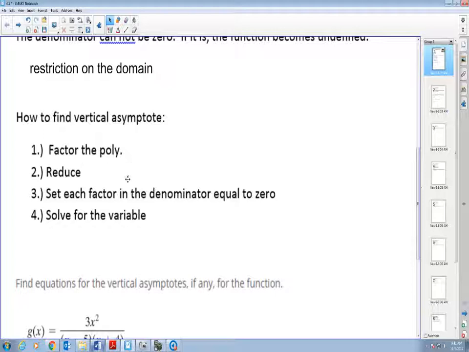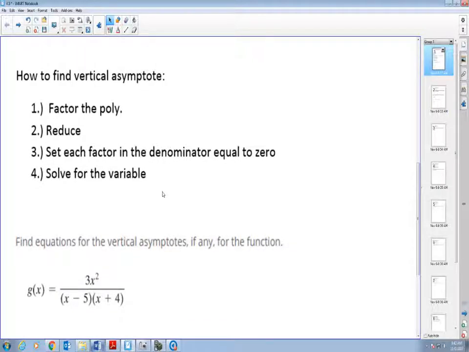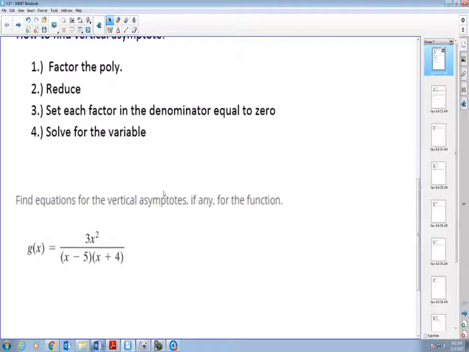Whatever I canceled out, that factor set equal to 0 will be another restriction on the domain, but it's not going to be a vertical asymptote. So after reducing, whatever is left over in the denominator, we will set those factors equal to 0 and solve for the variable. And those will be my vertical asymptotes.